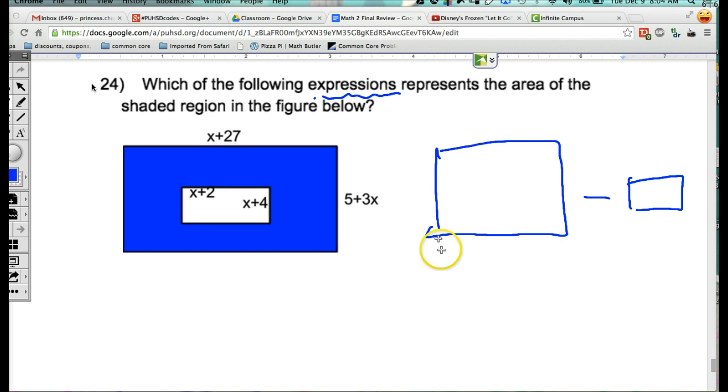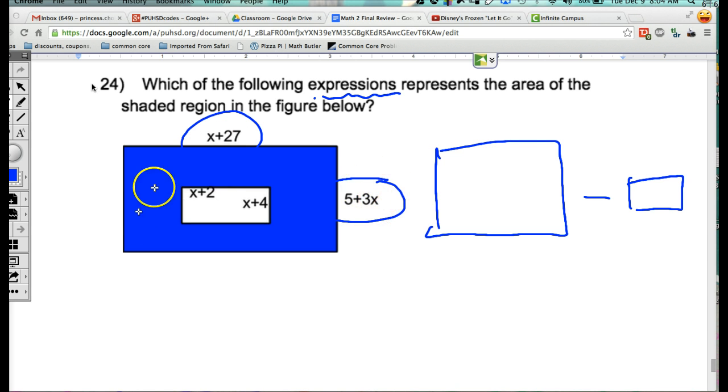And what I really like about having rectangles as shapes that we have to work on is the fact that when we try and find the area of a rectangle, we gotta multiply the length and the width, okay? So for example, this one right here, we have to multiply x plus 27 with 5 plus 3x, okay?